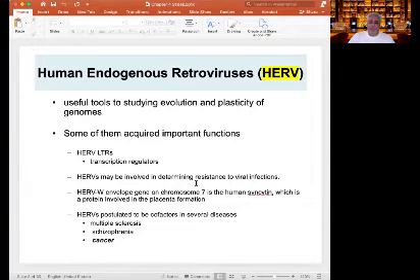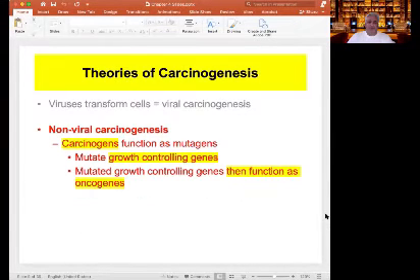And they can also be involved, as we believe, in resistance to viral infections. So having these HERVs inside the human genome may actually dampen down the retroviral activity. So the last thing here is that these are postulated to be cofactors in several diseases, not the primary cause of the disease, but cofactors. So you can see multiple sclerosis and schizophrenia on this list, as well as cancer.